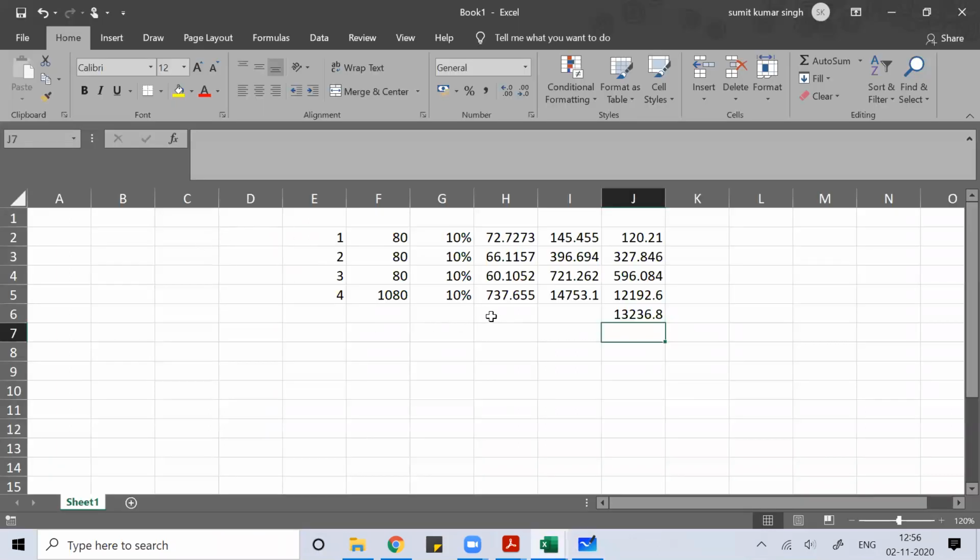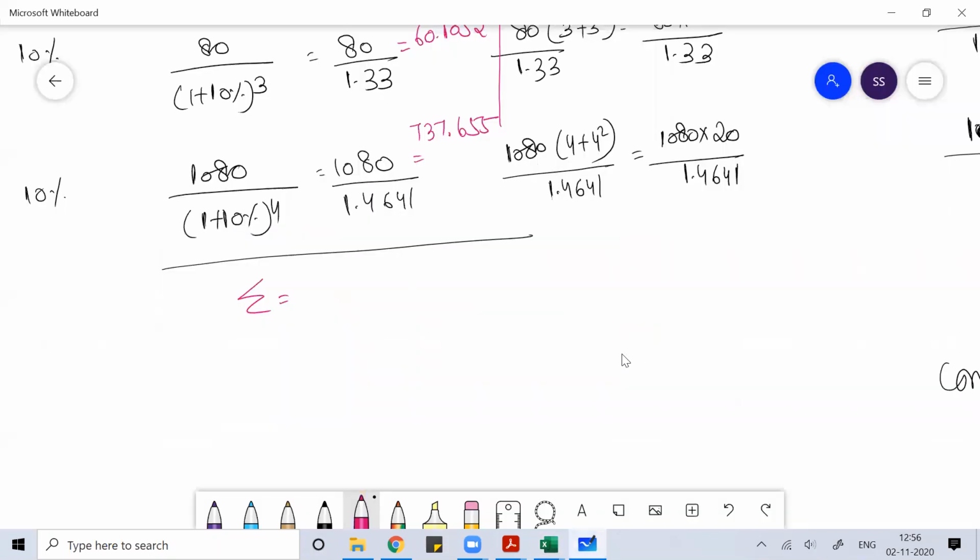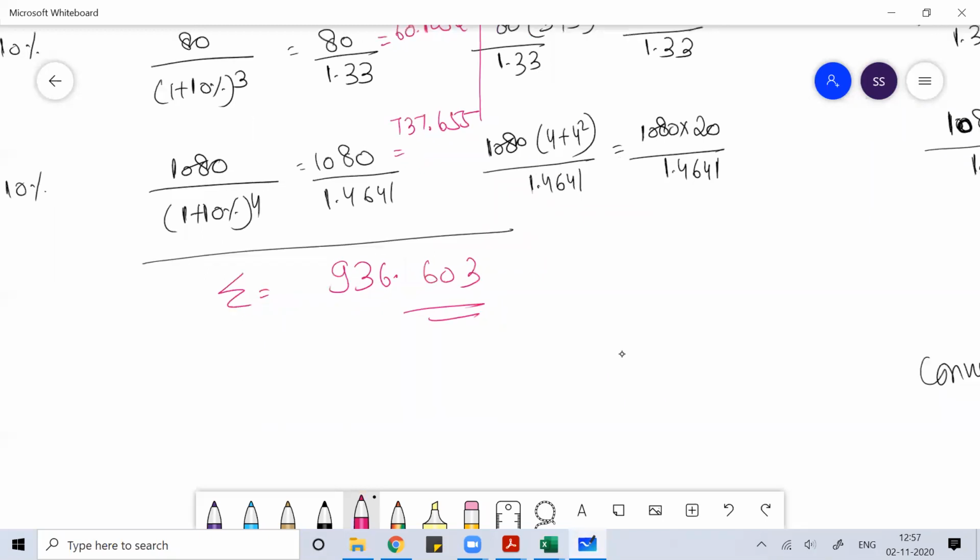So if I do the sum of this, I'll get the price of the bond: 936.603.